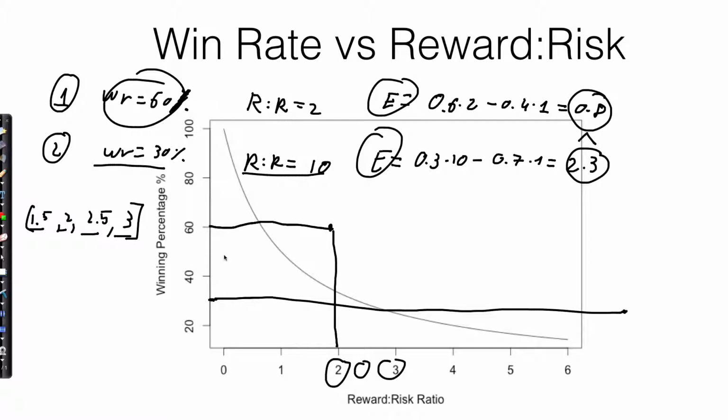If you buy here and the stop loss is here, it's much easier to get this target rather than this, right? Because the price may go here and then come back and never touch this level. So the higher the target, so the higher the reward to risk, the lower the winning rate.